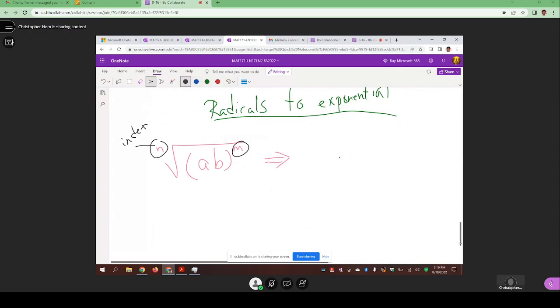So whatever's inside our radical will be the base of our exponential function. Make sure you put the parentheses. You need the parentheses. And now it's going to be raised to some fractional power, or ratio between the index and the power inside the radical. So the index will be our denominator, and the power inside the radical will be our numerator.